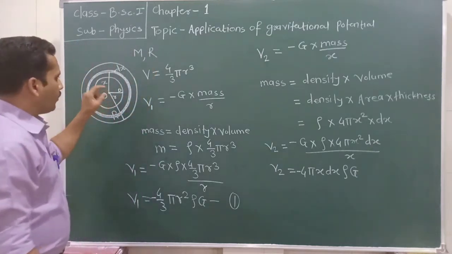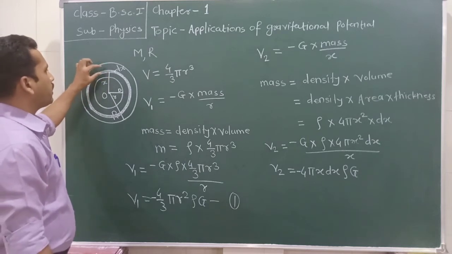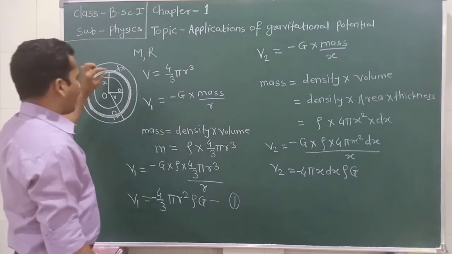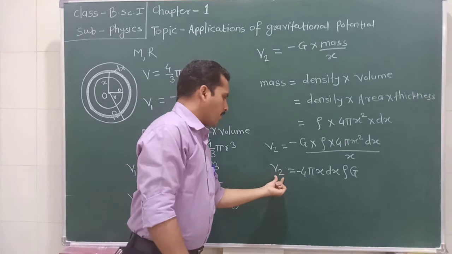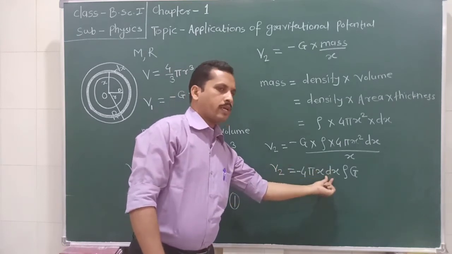Now we consider that this remaining part of the solid sphere is divided into a number of shells, each having thickness dx. So this is the potential due to only a single shell of thickness dx.